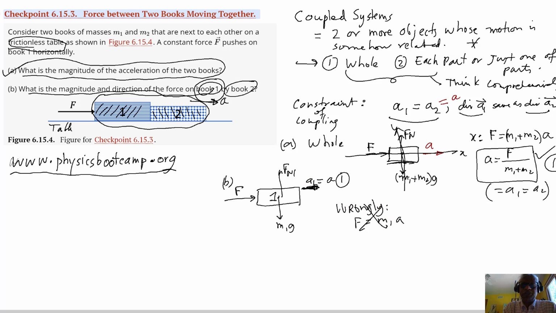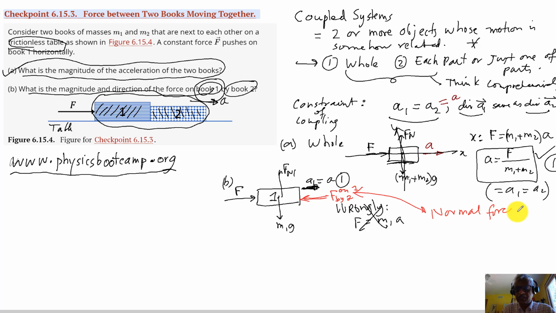So there is a force from book 2 on book 1, I mean by 2 on 1. You can think of it as the first book trying to move, the second book is in the way, so there's a normal force between them. So this is actually a type of normal force.